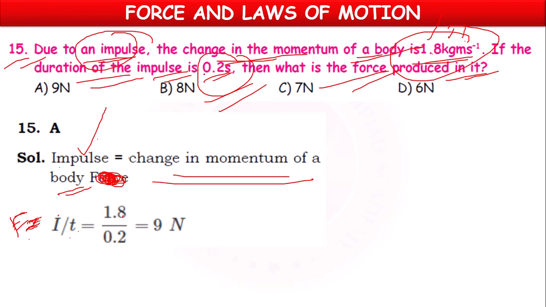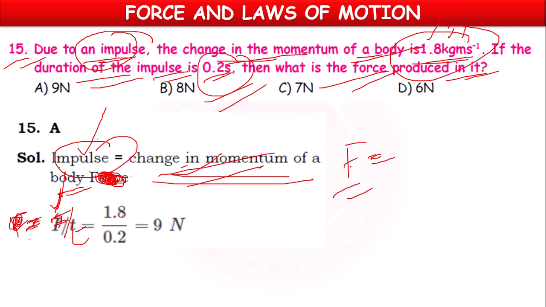In how much time did it happen? So here I means change in momentum, which is nothing but impulse. It is denoted by the symbol I, and I by T, impulse by time, or rate of change of momentum, is called force. We have defined force as rate of change of momentum, which is impulse, by time.